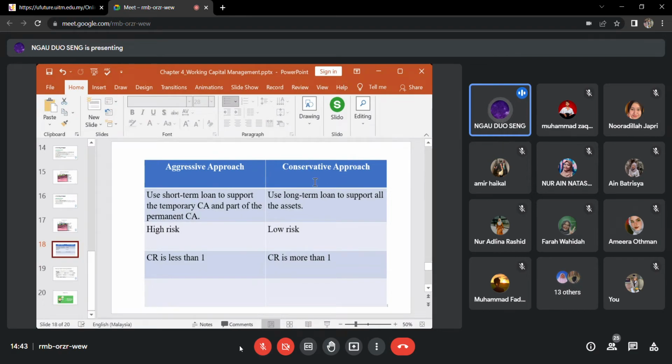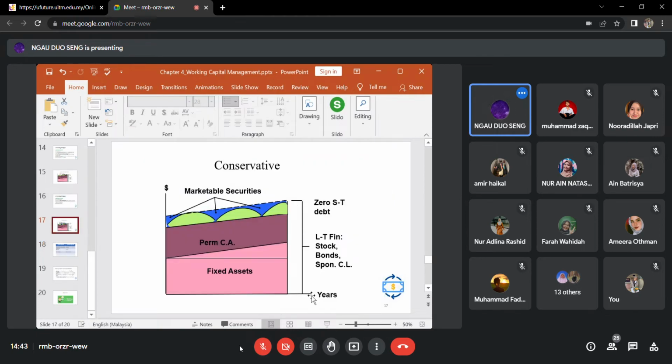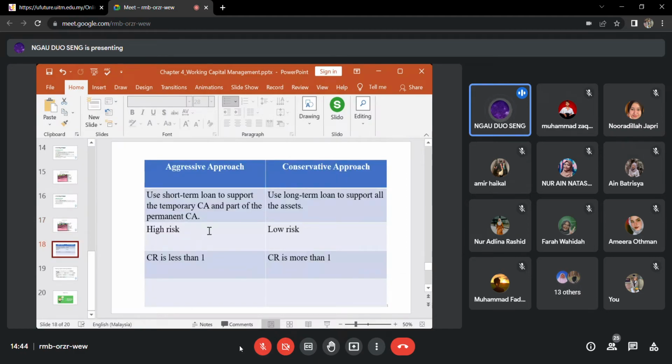Right, as conservative, we use long-term loan to support all the assets. As visual, it uses long-term to support everything: fixed asset, permanent current asset, and the temporary current asset. And then aggressive is high risk, conservative is low risk, and aggressive has a current ratio of less than 1. And for conservative, the current ratio is more than 1.